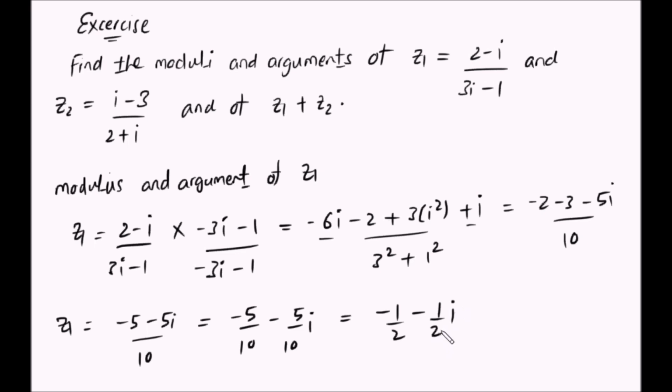This is z1. Now we want the modulus and argument. So we have z1 is negative 1 over 2 minus 1 over 2i. To get the modulus, you just find the square root of the real part squared plus the imaginary part squared.